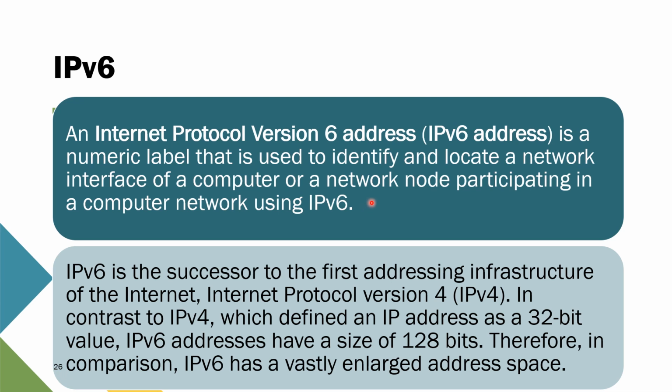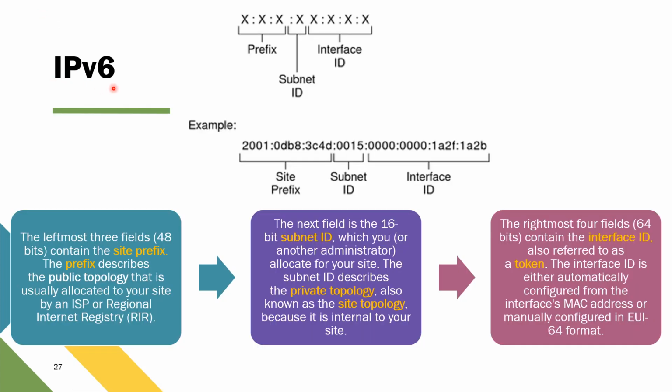Okay, so as I mentioned, it uses a 128-bit alphanumerical address, which is different from IPv4, which only uses the 32-bit numbering notation. Okay, so let's see how they write the IPv6 address.